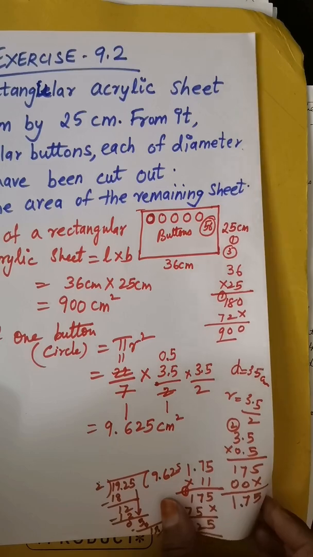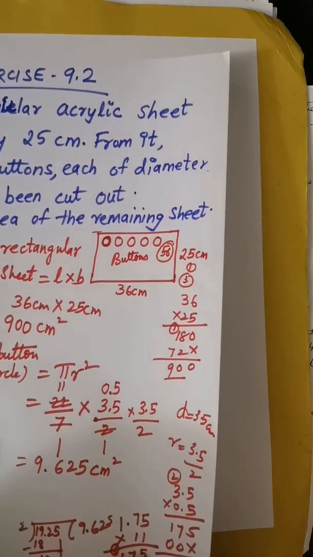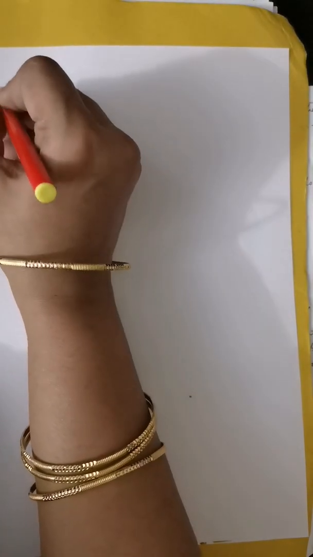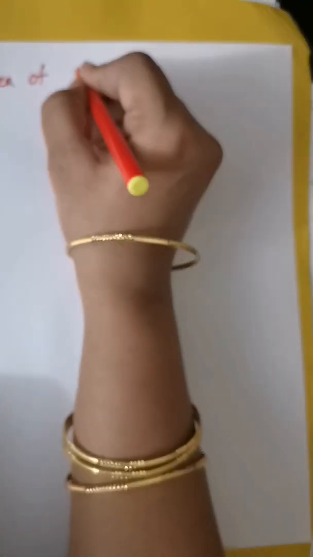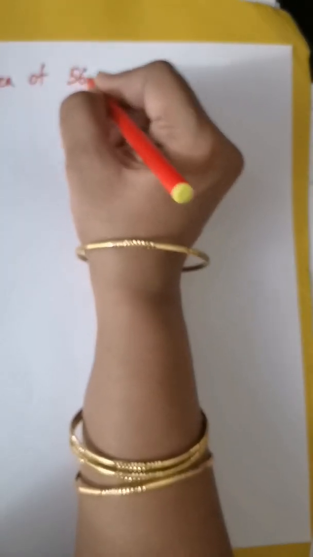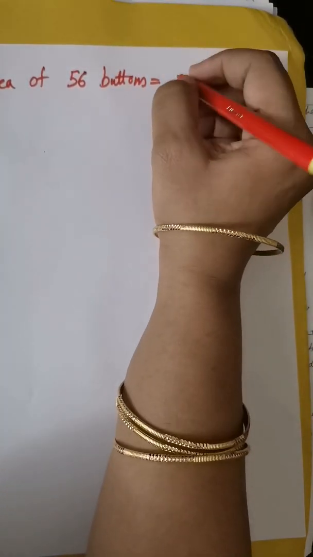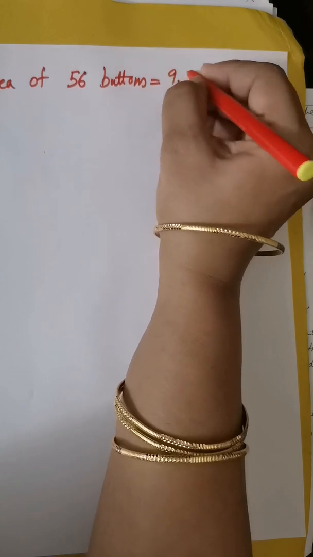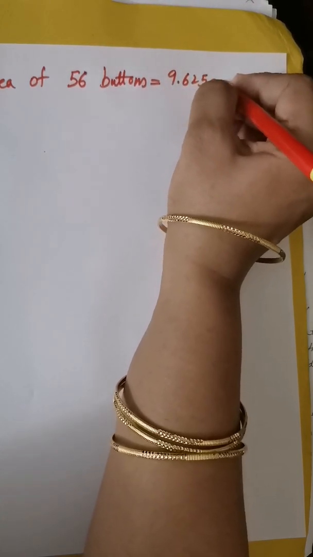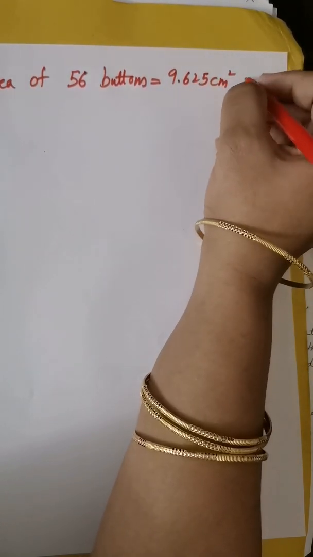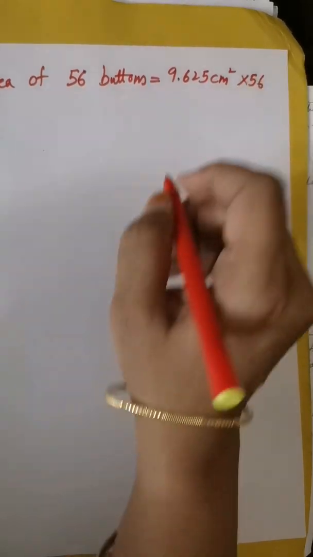But how many buttons are there? 56 buttons are there. So area of 56 buttons is equal to 9.625 centimeter square into 56.